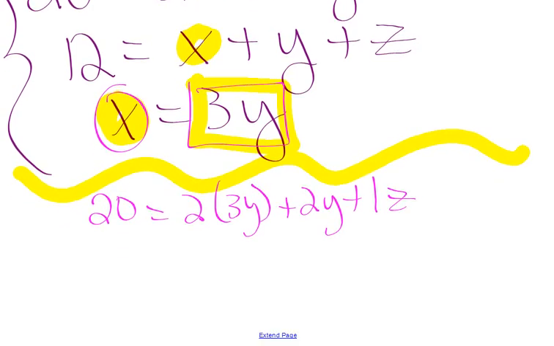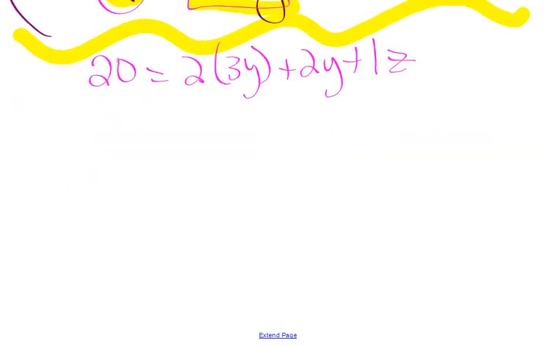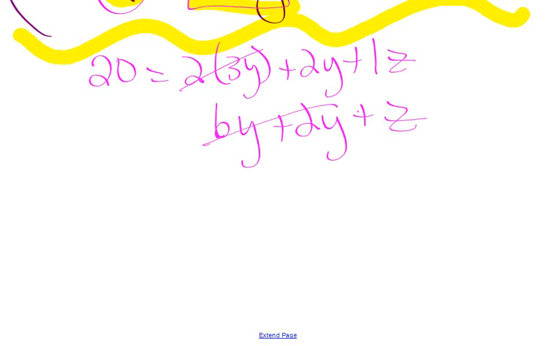Alright, so there's our first equation. Now let's solve it. So this is going to be 6Y plus 2Y plus Z. 6Y plus 2Y is 8Y plus Z. So we have 20 equals 8Y plus Z. So there's our first problem.